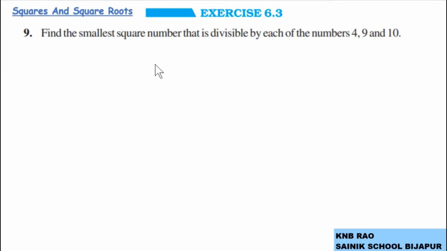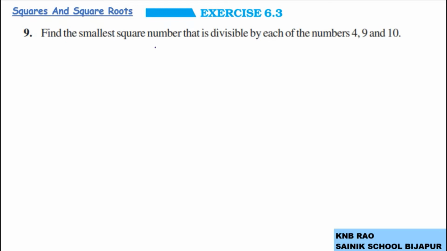In question number 9, we are asked to find the smallest square number that is divisible by each of the numbers 4, 9 and 10.